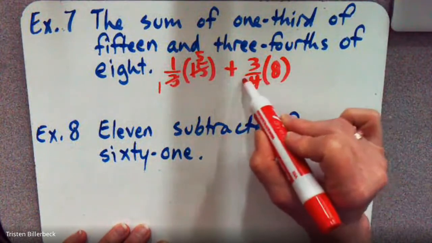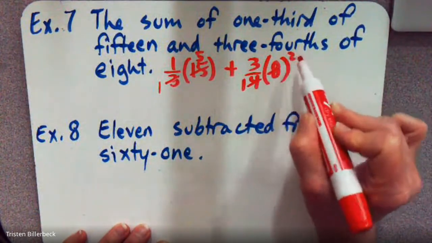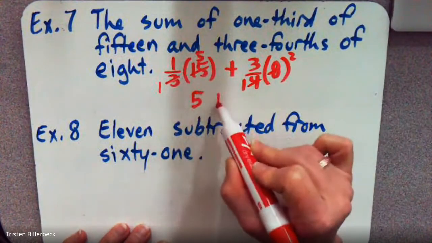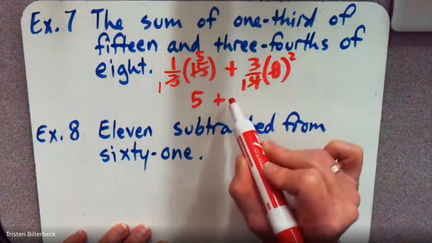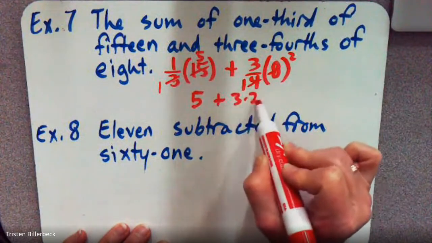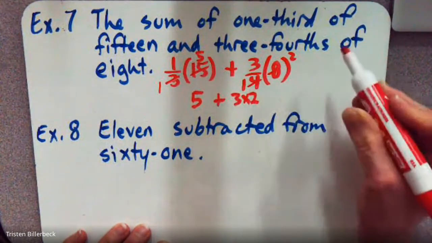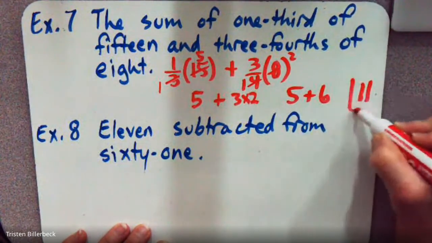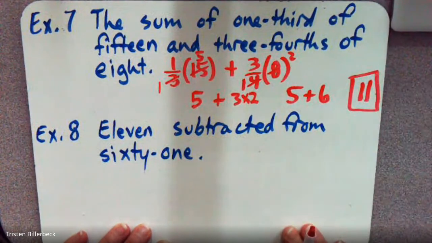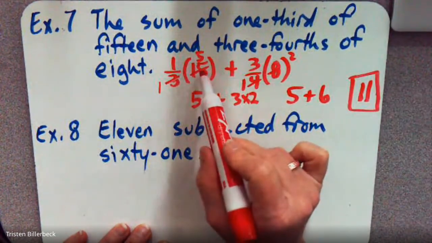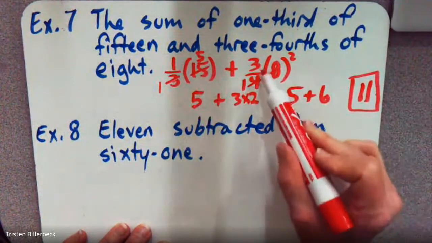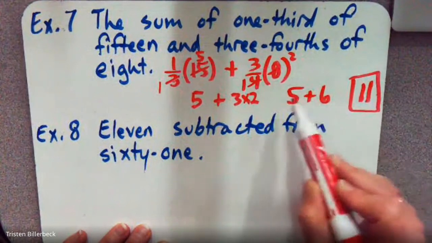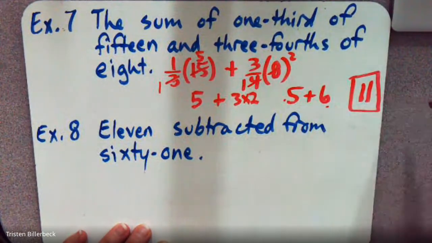And in 8, there are 2 4s. So this is the sum of 5 plus 3 times 2. So 3 times 2 is 6. So that's 5 plus 6, so we have 11.